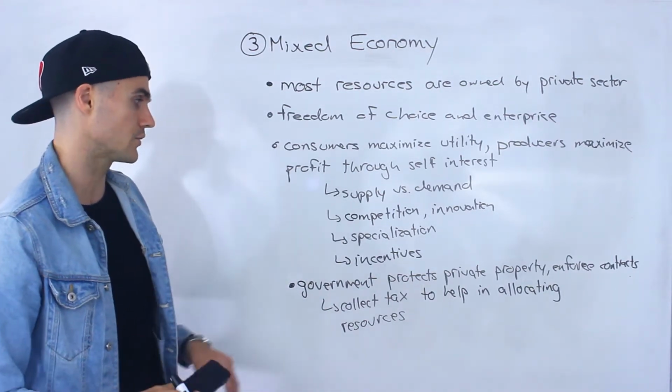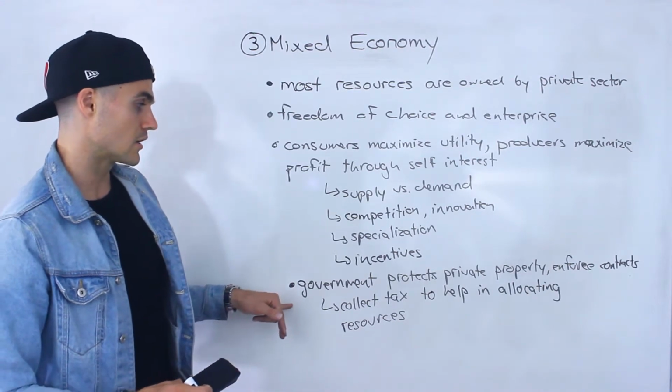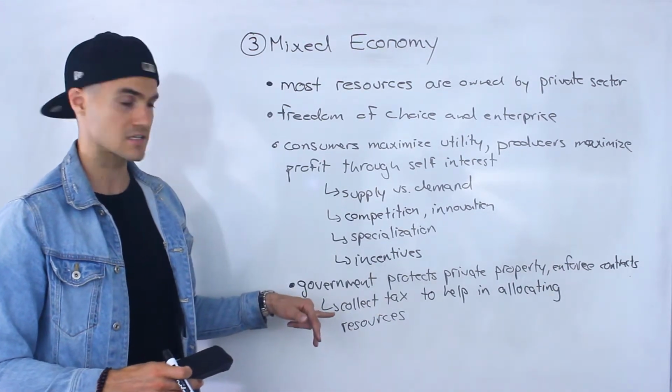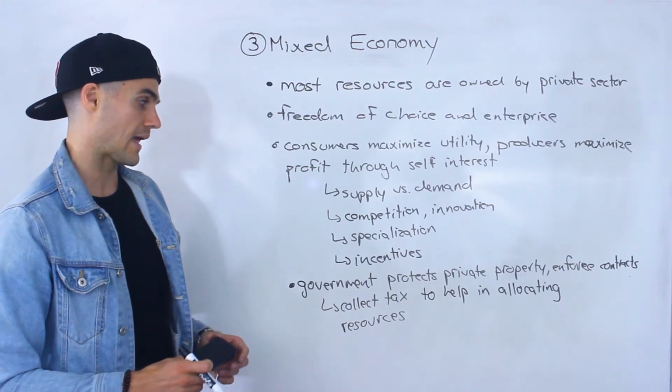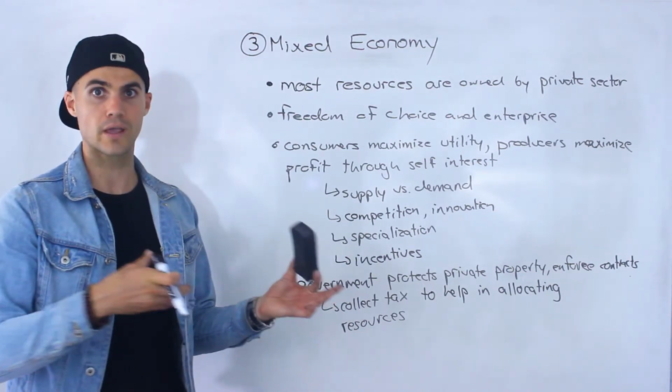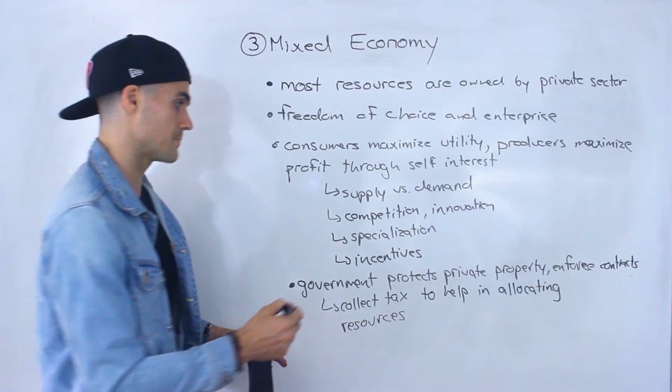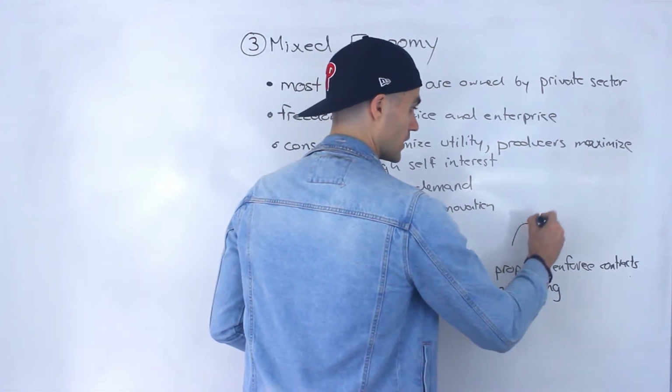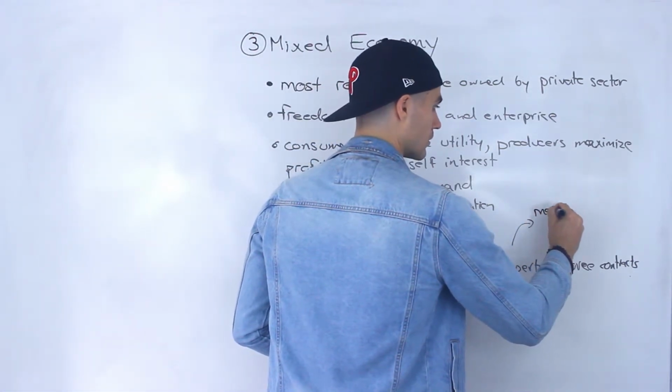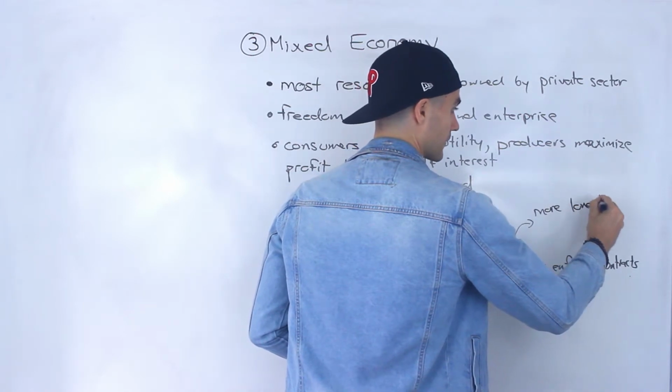In a mixed economy, you don't have to worry about that because government is collecting some tax from the income and that helps in allocating resources. Another sub point here is there's more long-term planning.